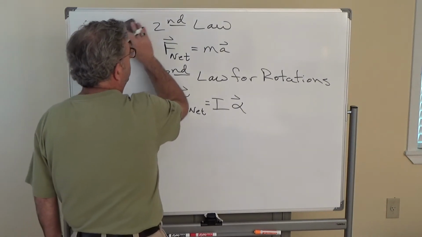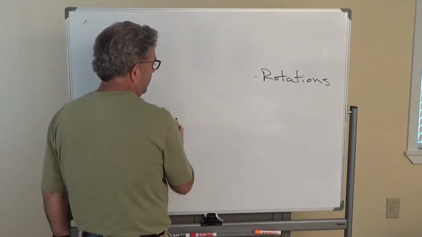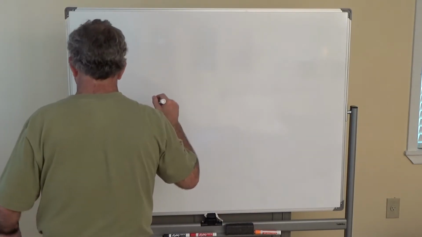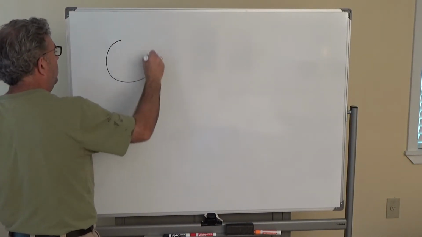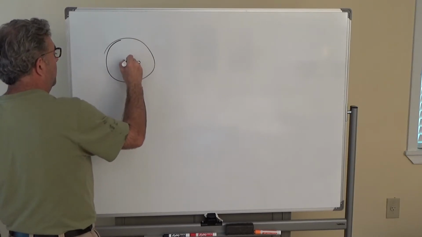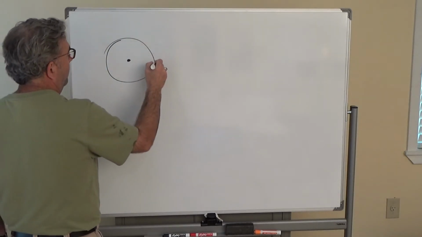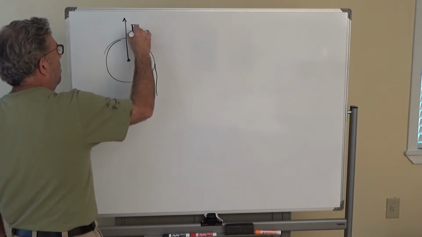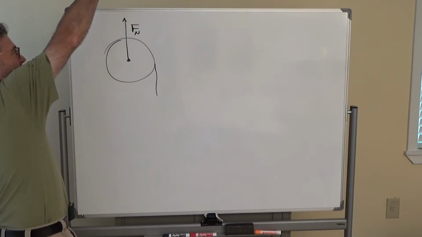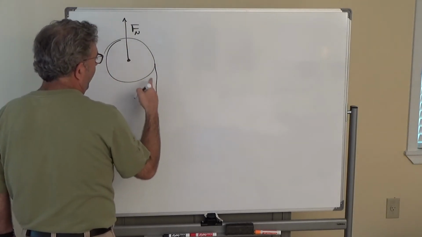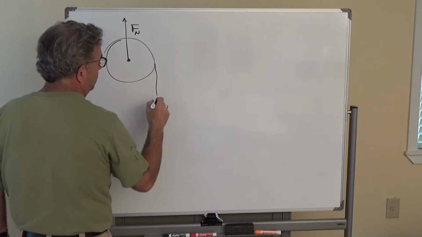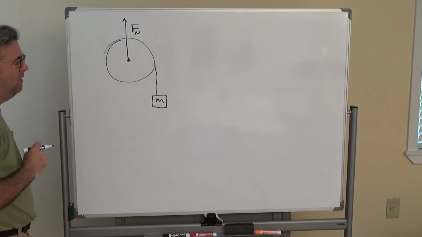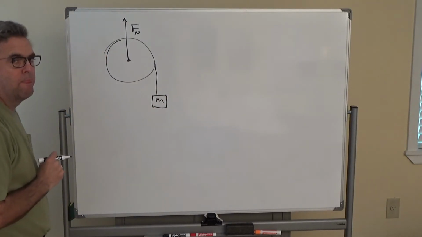So I want to do a little simple example based on this idea. Let's say that you have a pulley that is suspended by its center, and so I'll put some little, it's suspended, I'll call that the normal force. It's hanging by its center, and it's got a very lightweight string wrapped around it, and here's a little hanging mass M. Okay?